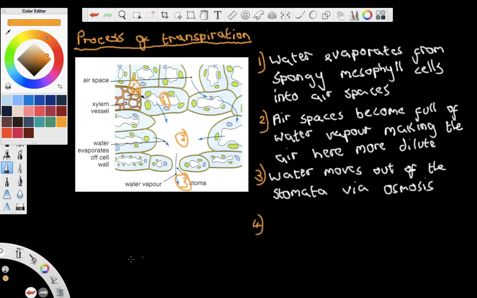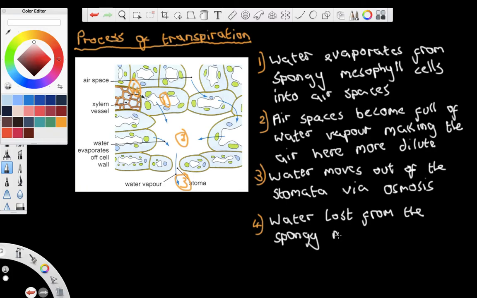So number four, water lost from the spongy mesophyll is replaced by water from the xylem.